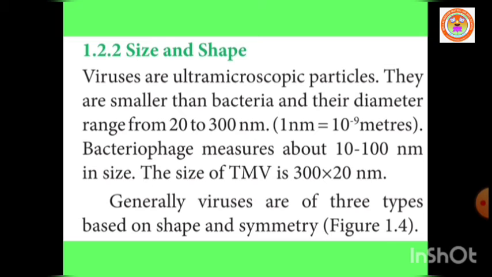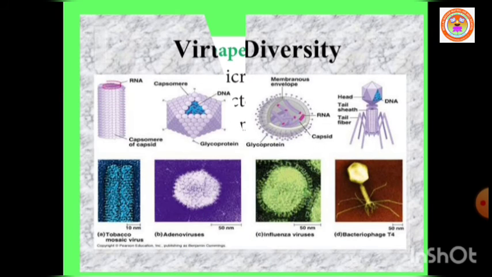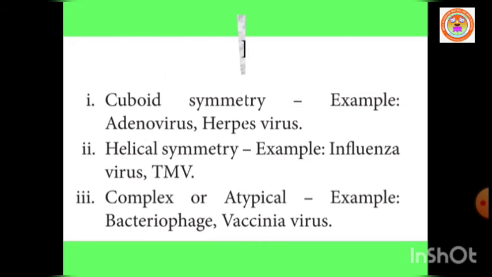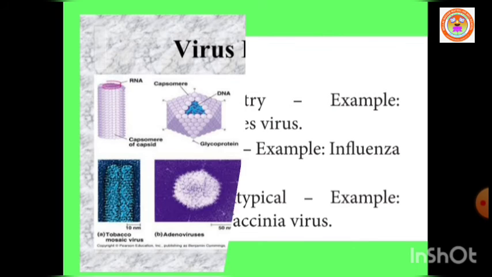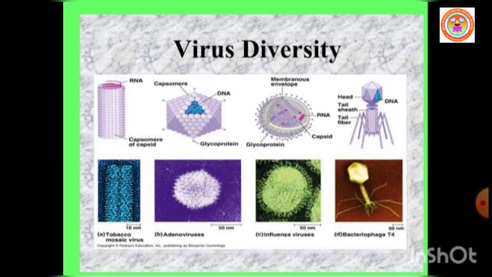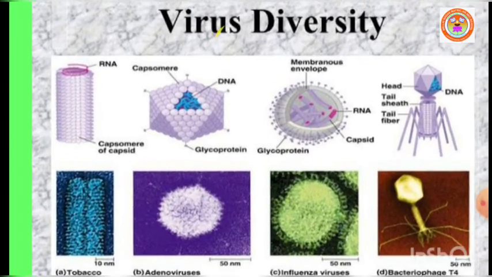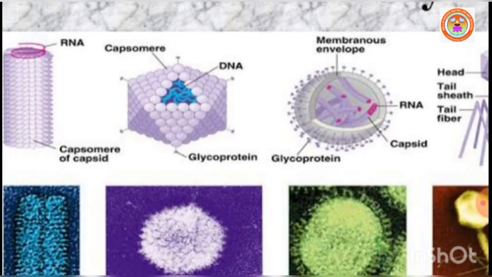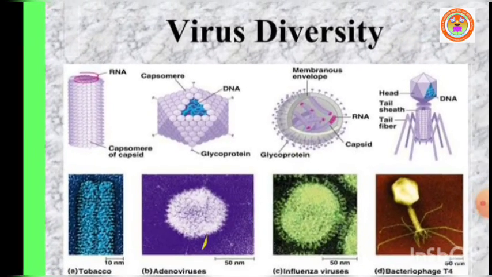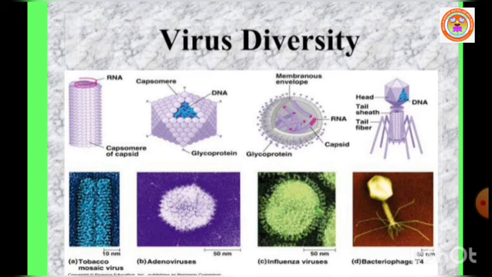Based on shape and symmetry, viruses are classified into three types: cuboidal symmetry, helical symmetry, and complex symmetry. Let us see. Cuboidal symmetry: observe the adenovirus, which has a cube-like structure. I am zooming in on the virus. You can see it has DNA at the center surrounded by glycoprotein and capsomeres.